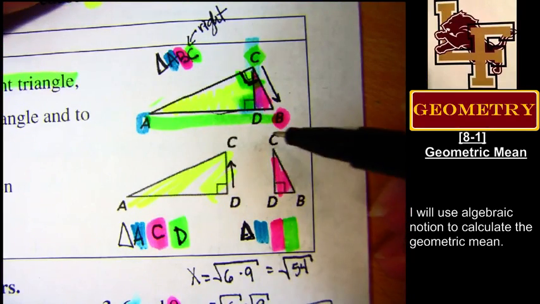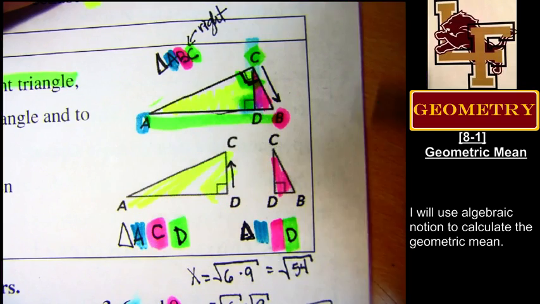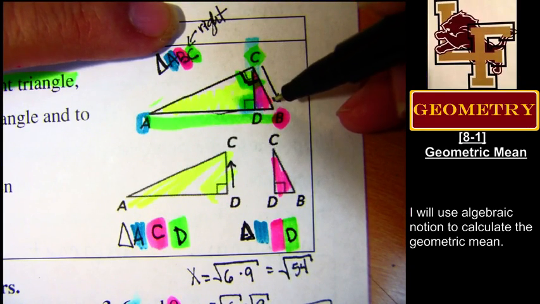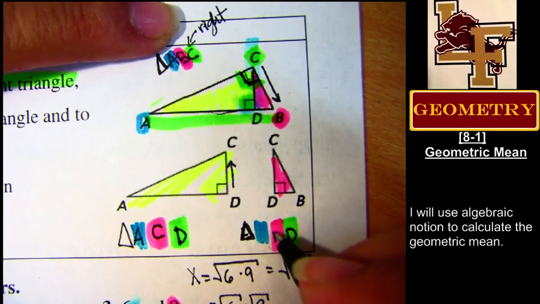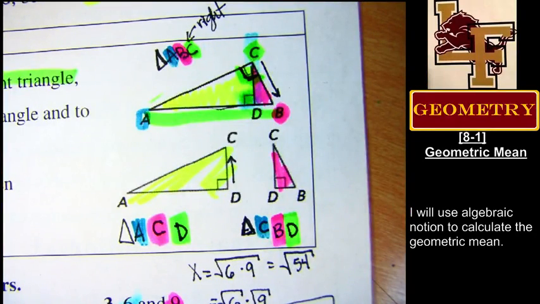Which letter here is next to the right angle? D. B is from the right angle along the shortest side. So from the right angle to the shortest side, you get to? That's the order those names need to be in, so I know which pieces correspond to which other piece.